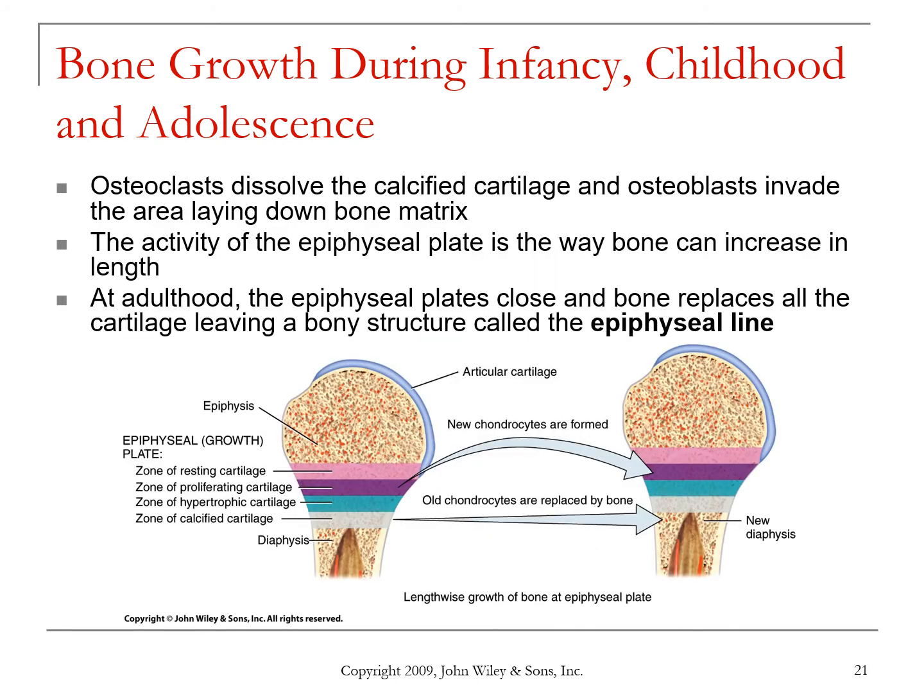So here's another summary of bone growth during infancy, childhood, and adolescence. So the cartilage that remains in long bones, forming the articular cartilage and the epiphyseal line, contain chondrocytes that proliferate and essentially extend the bone by extending the cartilage.